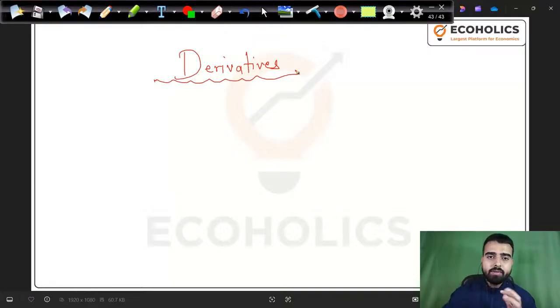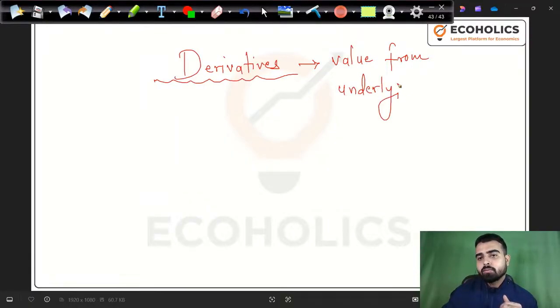So derivatives means they derive value from an underlying asset. Now this underlying asset can be a stock, a share, a commodity, any precious metal, anything. So this is what derivatives means.